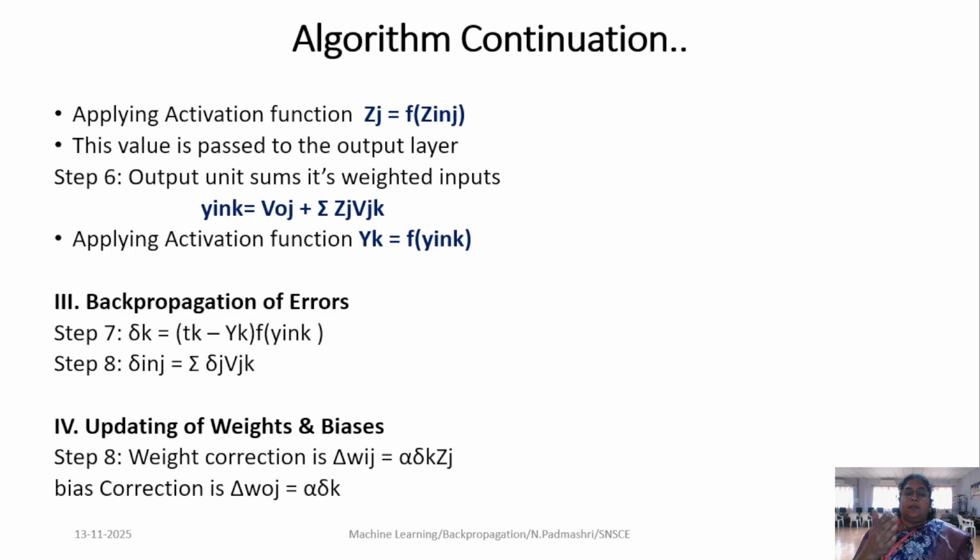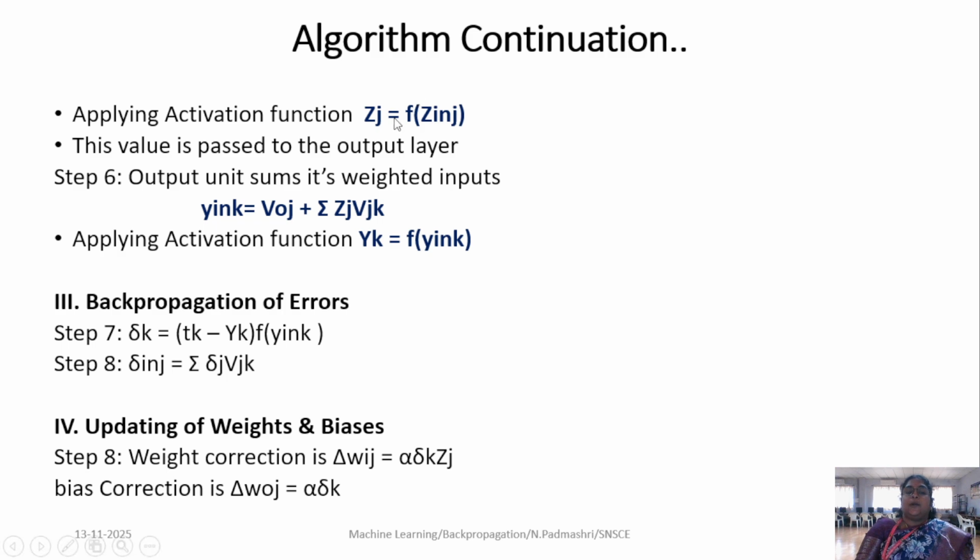So every time after you compute bias plus the summation of input into weight, before you transmit to the next layer, check the activation function, which is applicable for all hidden layers. After checking the first, you send to the second layer, and again check the activation function. If you understand this concept, understanding these equations will be very easy.